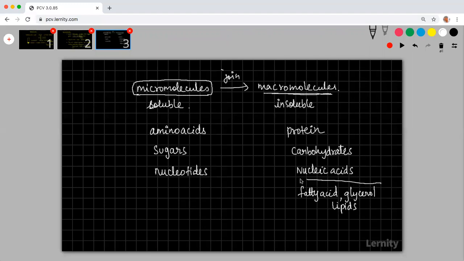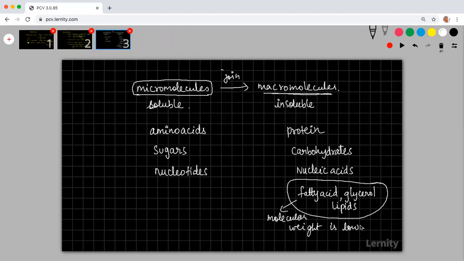The molecular weight of these substances is low, but still we classify them under macromolecules because they come under what?